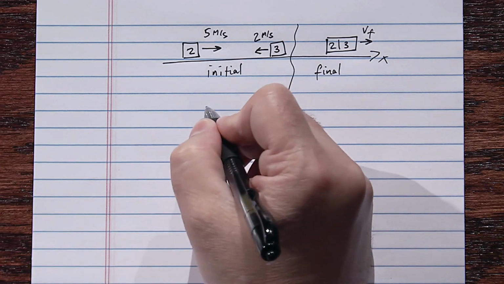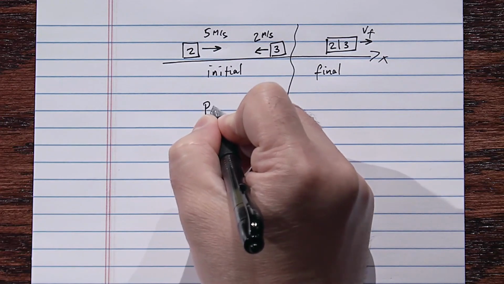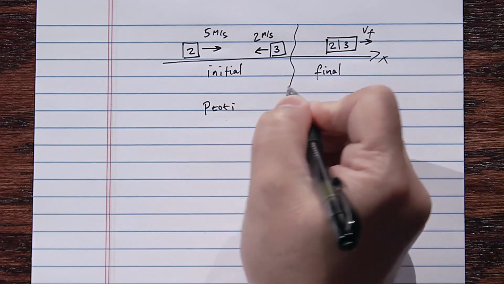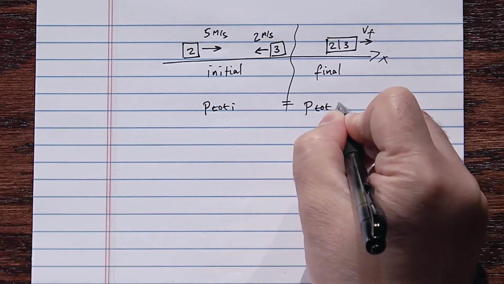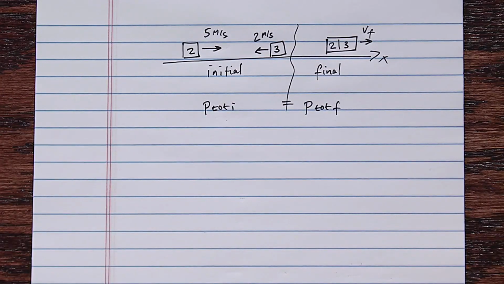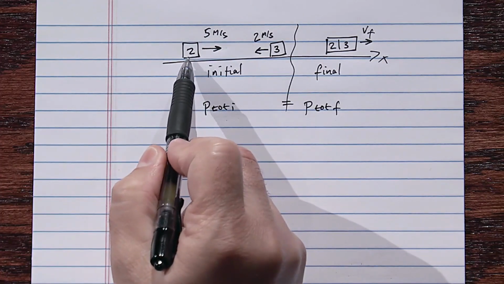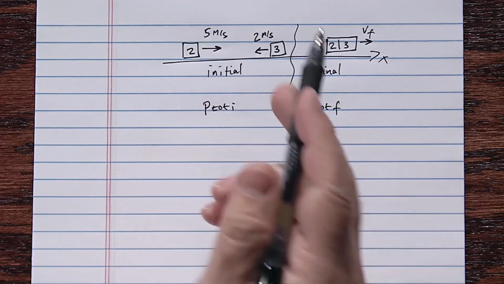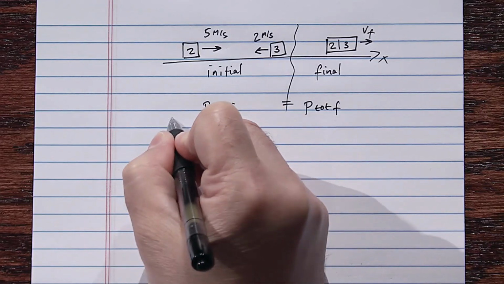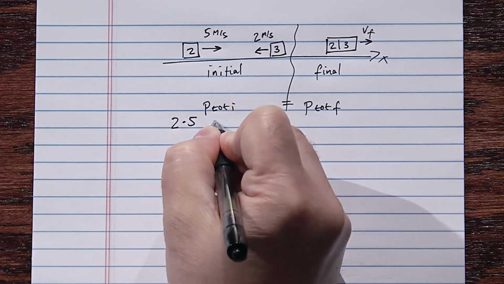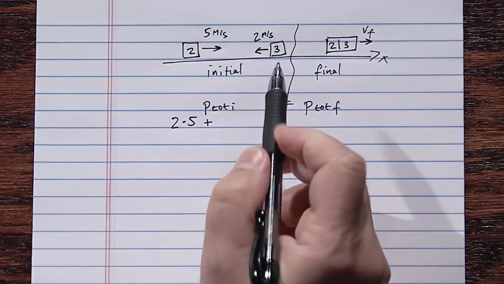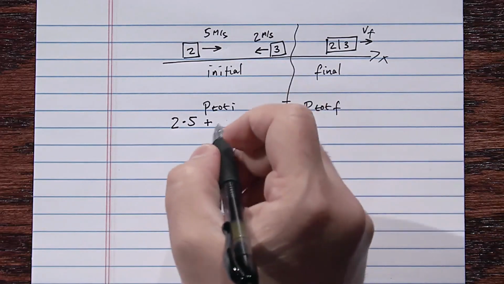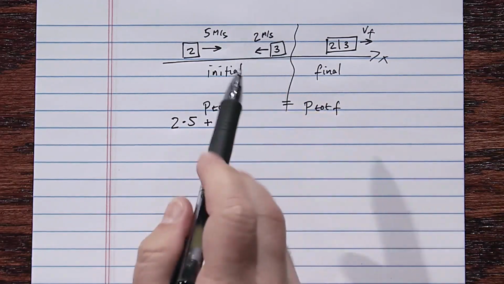Our equation, as always, is momentum total initial equals momentum total final. Momentum is mass times velocity, so I have 2 times 5 from the first object. And now I have to add in the momentum from the second object, which is its mass times its velocity.